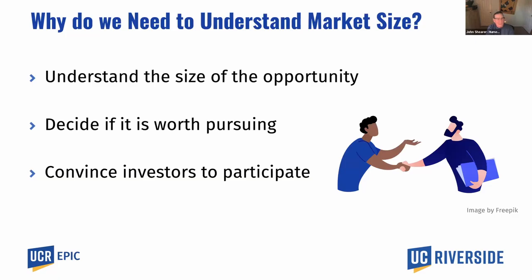What I'm going to get into is a little bit about trying to define the market size, and this is a really hard exercise because if you get the hypothesis wrong and the customer wrong, you can't do the market size.